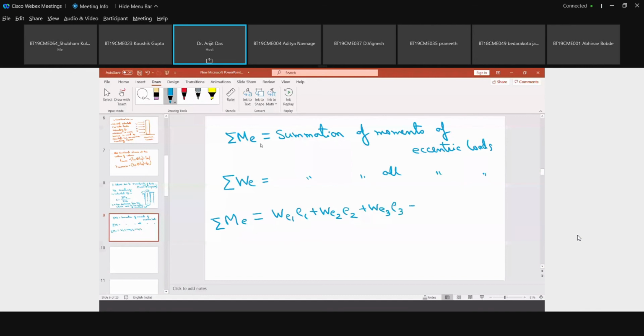And what is WE? WE is nothing but the summation of their weights: WE1 plus WE2 plus WE3 plus so on. So this is the equation. So we now know what is the eccentricity.